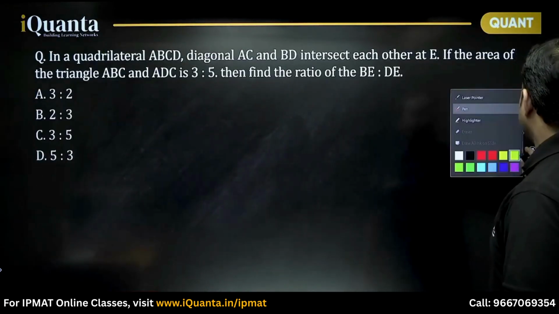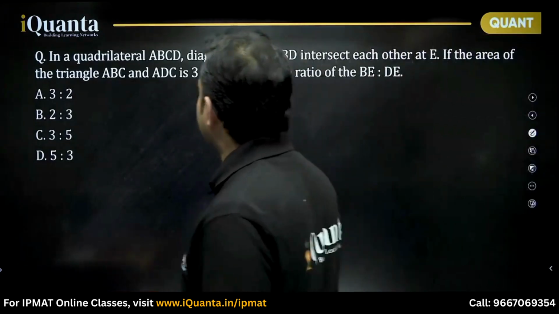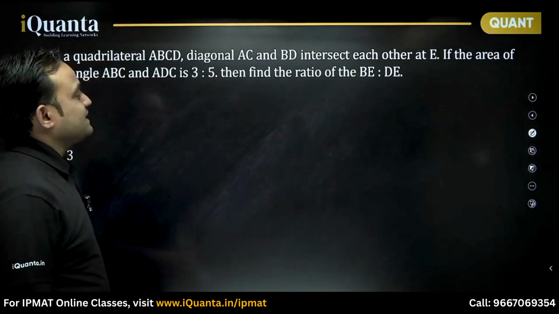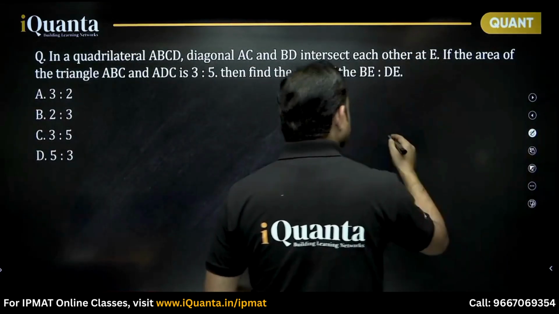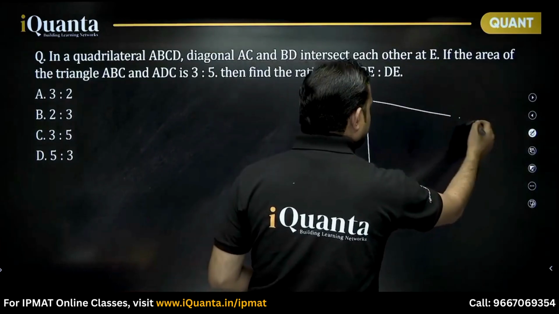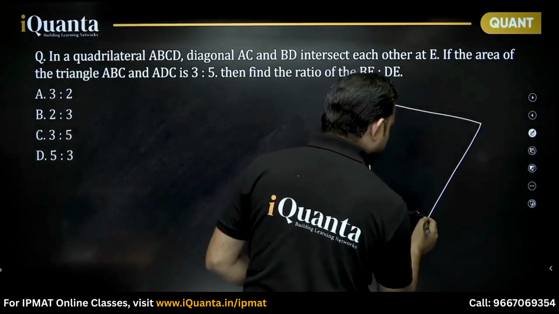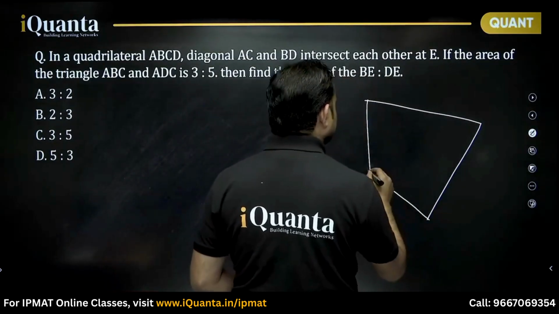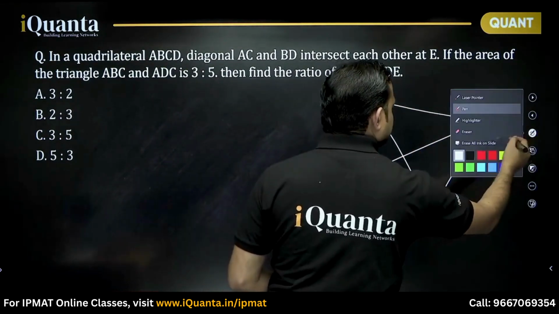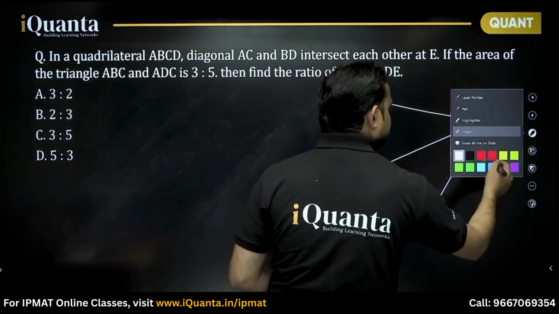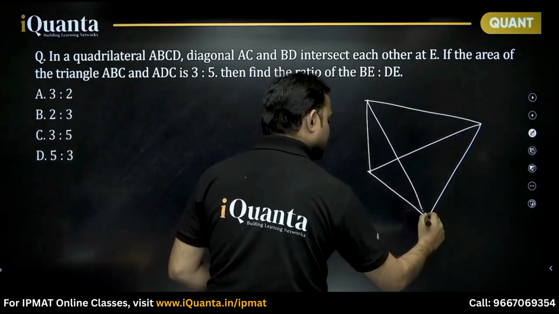Now, next question says in a quadrilateral ABCD, diagonals AC and BD intersect each other at E. So we need to make a quadrilateral first, something like this, and join the diagonals like this.